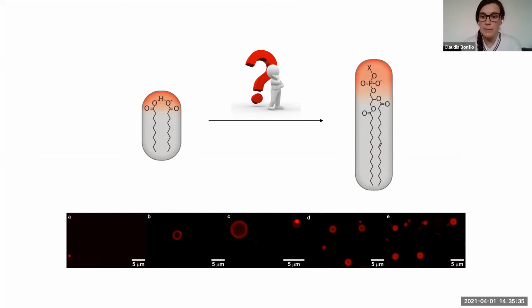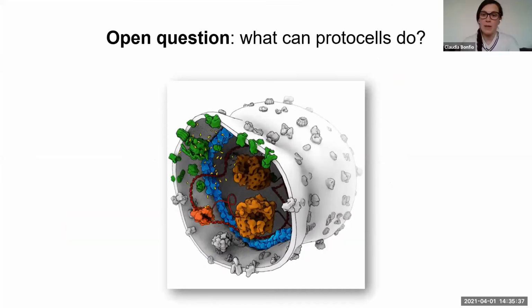And the open question that I want to ask you, and that I hope some of you will answer during and after your degree in Cambridge, is what can we make these primitive cells do? Can we show that these primitive cells can actually behave in the same way as modern cells?